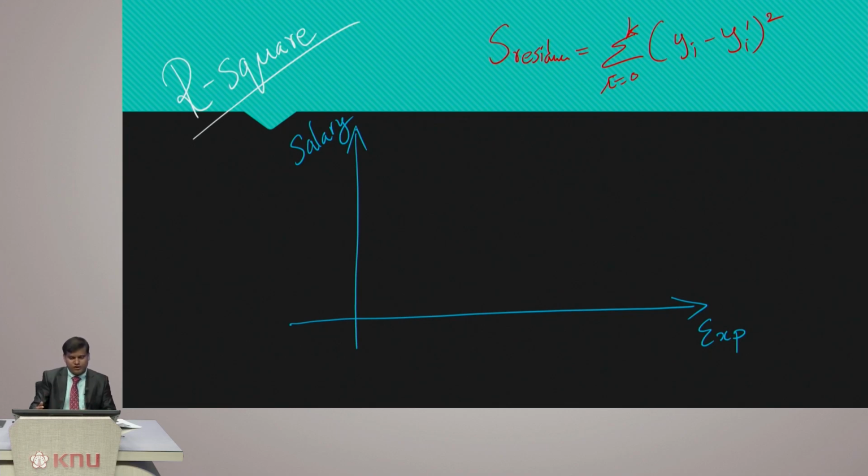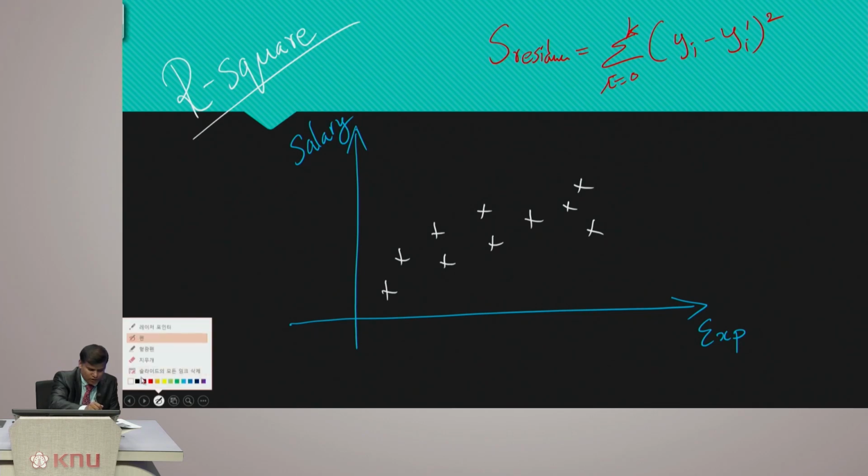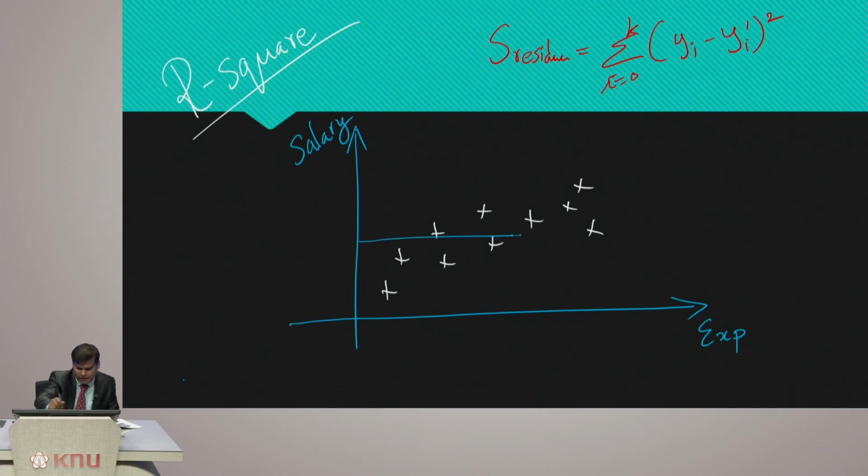So we had the original problem earlier. Let's consider the similar problem and see how this goes on. So let's say you have this data here. And with this data, now we are going to draw a horizontal line, and here we call this the y average. In other words, it is kind of the average salary.